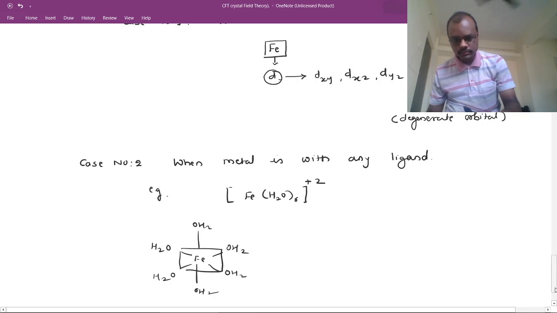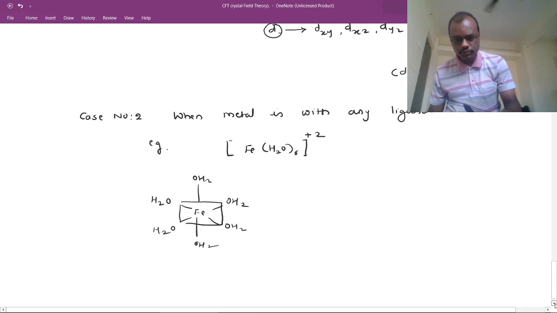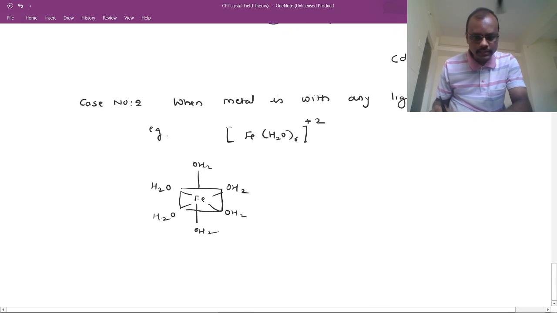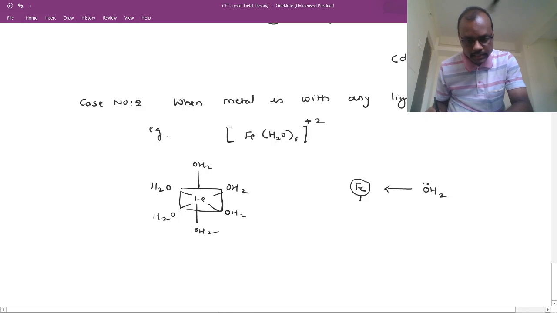Now we should note that when any ligand approaches the d block central element, there is a repulsive force between the electrons in the d orbitals and the electrons of the ligand.